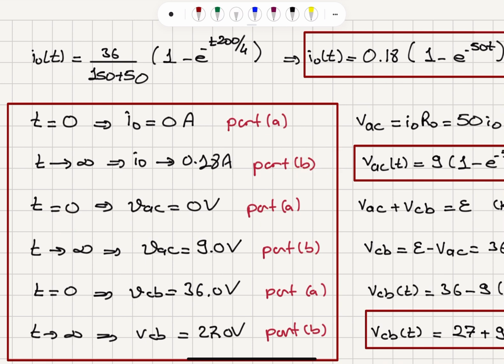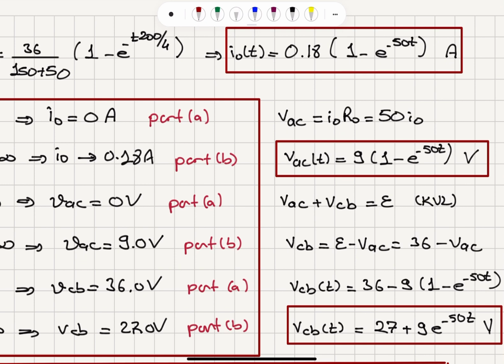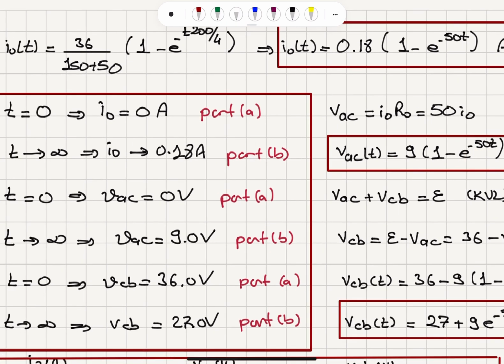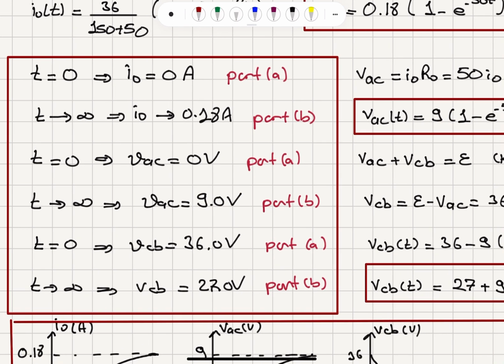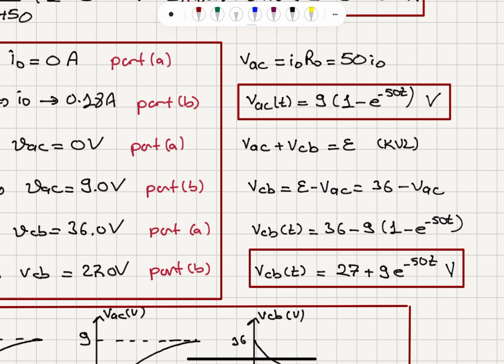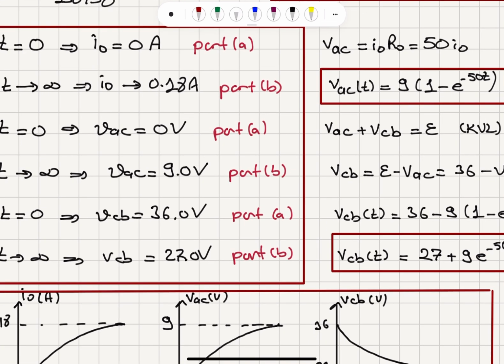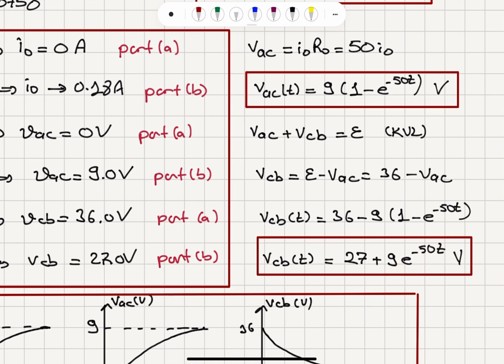Part A says at t equal to 0, VAC is 0. That's correct. As t goes to infinity, it should be 9 volts. That's correct. And VCB at t equal to 0 is 36 volts, so 27 plus 9, 36 volts. As t goes to infinity, this term disappears, we have 27 volts.